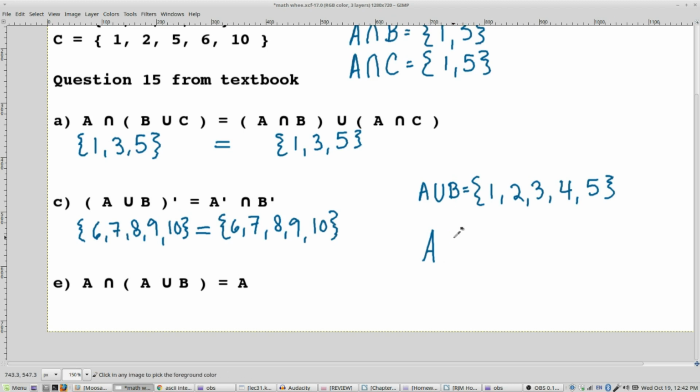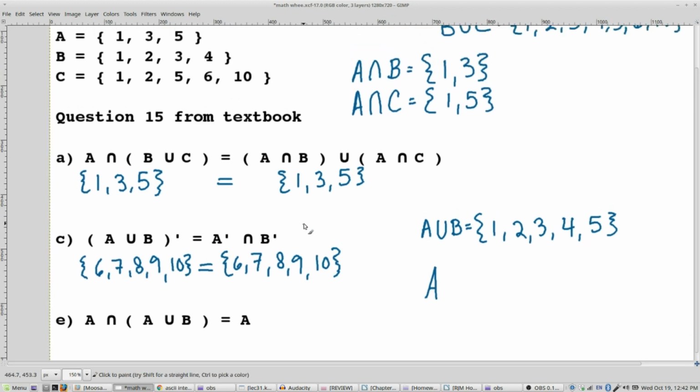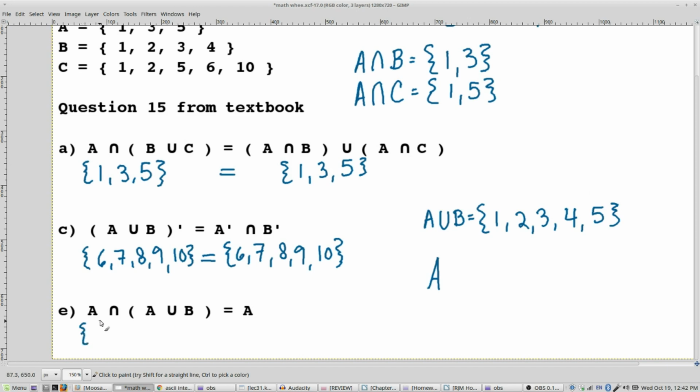So, obviously this is going to be whatever A has in common with this, which will just be the set A. So this whole thing, A has 1, 3, and 5 in common with that intersection, so it's essentially just erasing the B altogether. So these are equal.